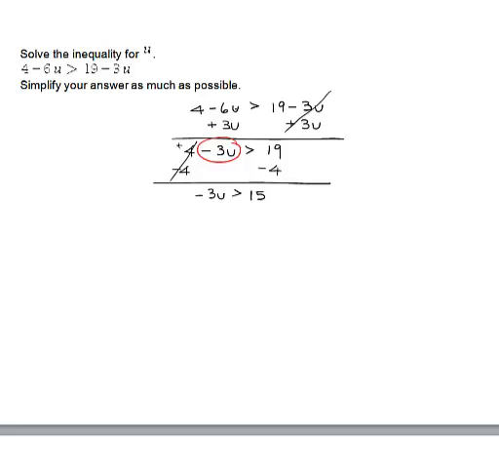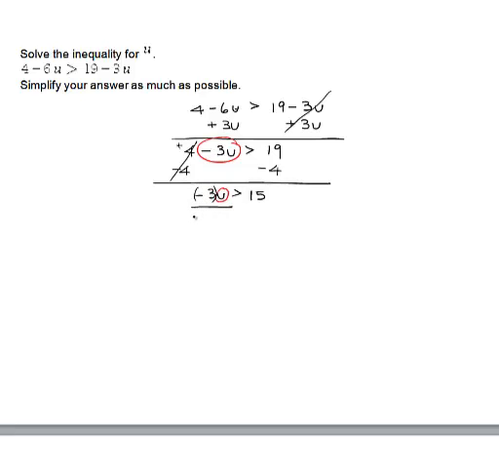The last step to solve the inequality is always to divide by the coefficient or multiply by the reciprocal. The one thing we have to be mindful of when we're talking about inequalities is whether that number is positive or negative. We want to isolate our u, and what are we doing to it? We're multiplying it by negative 3.